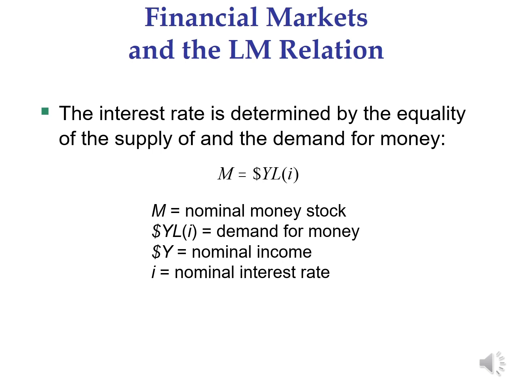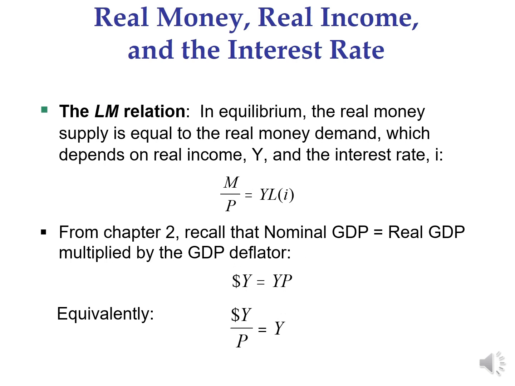Financial market and the LM relation. The interest rate is determined by the equality of the supply of and the demand for money, which is M equals $Y L(i), where M is the nominal money stock and $Y L(i) is the demand for money, with nominal income and the nominal interest rate. In the LM relation, in equilibrium, the real money supply is equal to the real money demand, which depends on real income Y and the interest rate i.